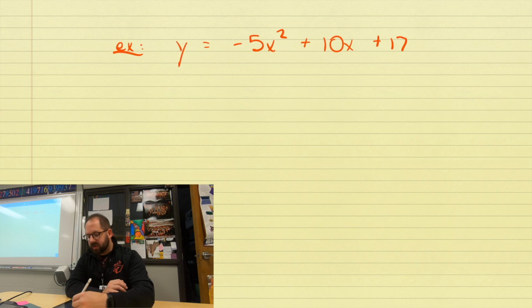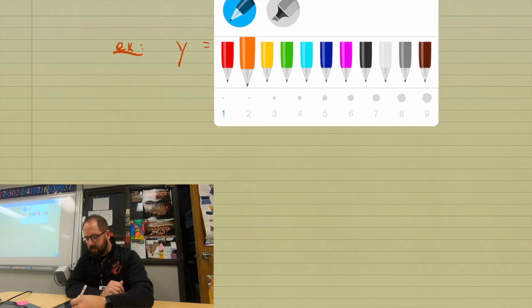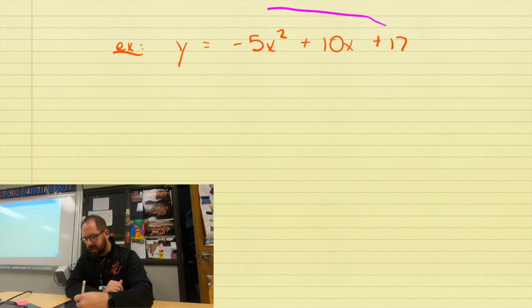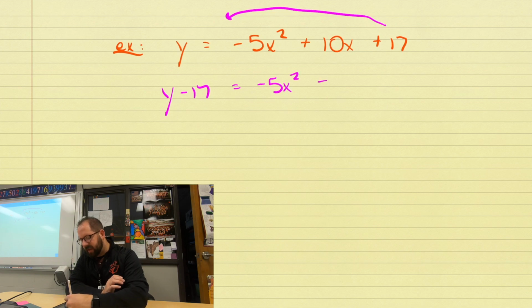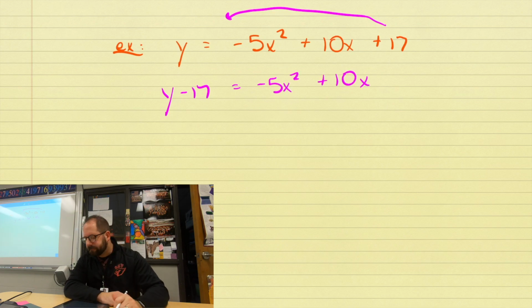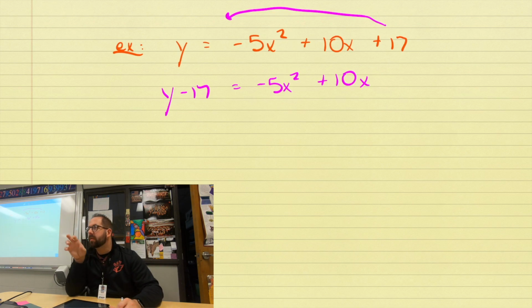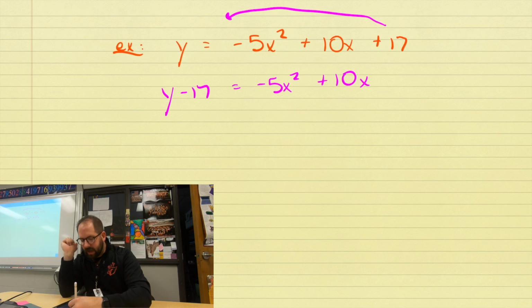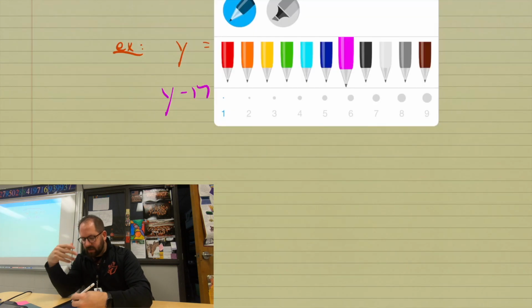First thing we always do, move that 17 across, it becomes negative. On the last assignment, there was a 0 on the one side, fine, just move that number over to the 0 side. Same thing. Now, what's the number I have to factor out of the parenthesis? Negative 5. I have to take that out, because that's the number in front of the x squared.